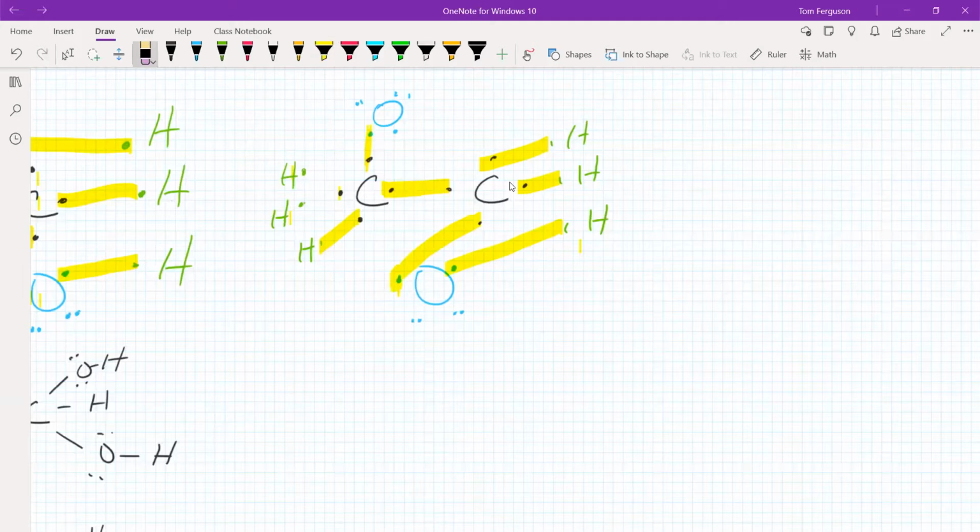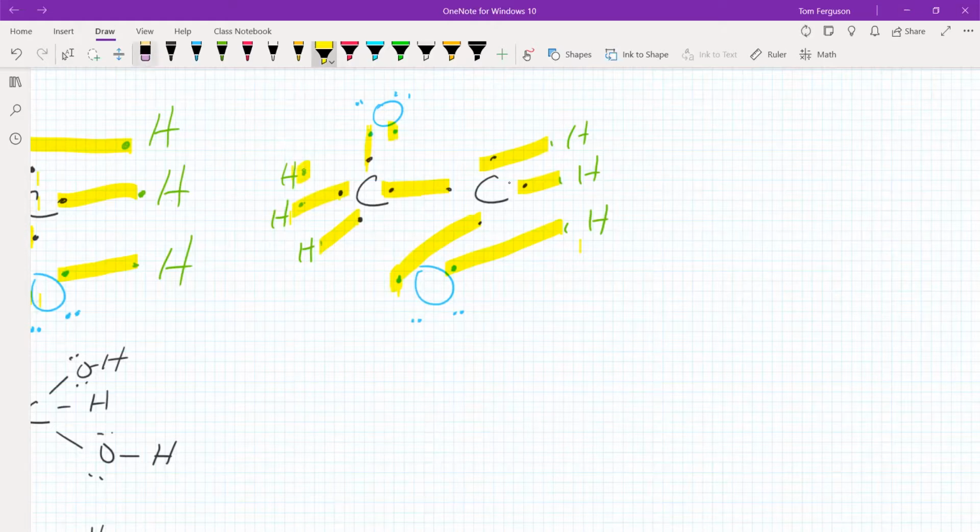Okay, so we still have a problem back over here on the left, these hydrogens. So if we connect up this one hydrogen to the one, oops, here, we have a singleton here, singleton here.